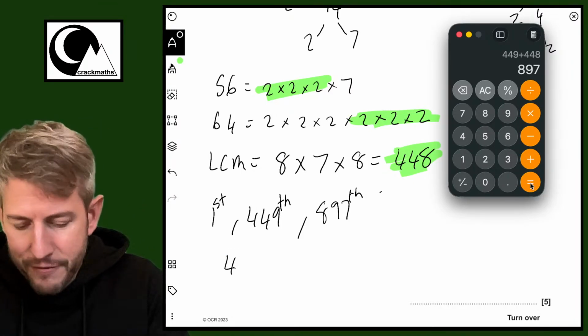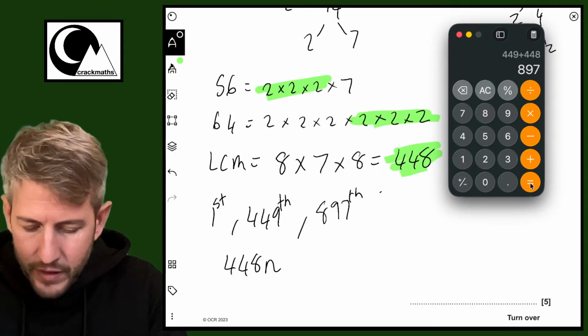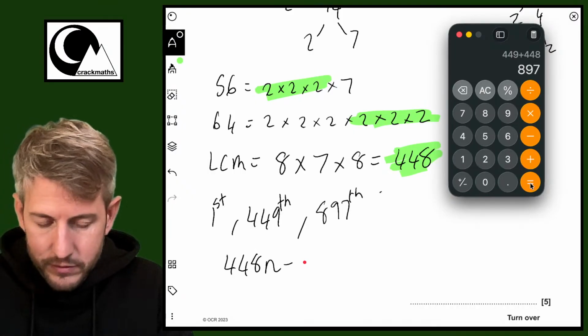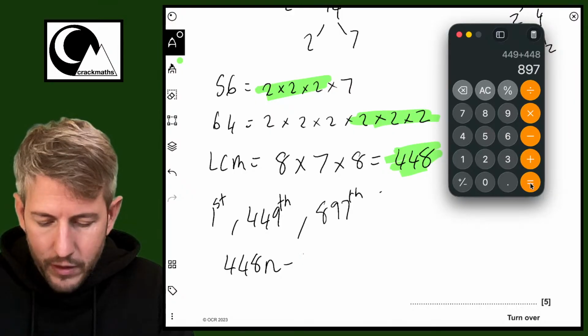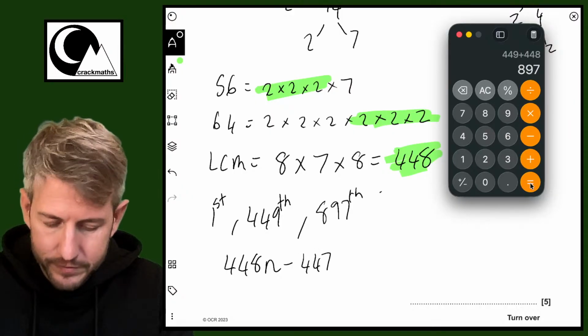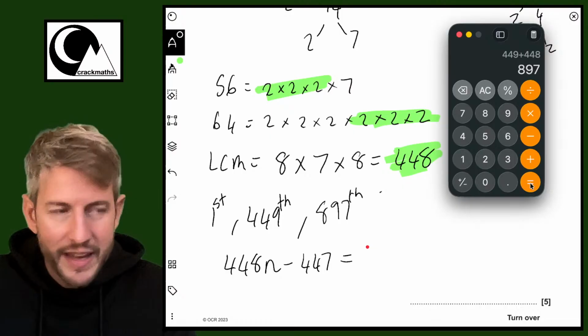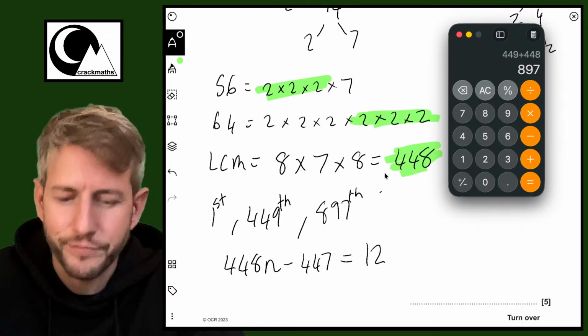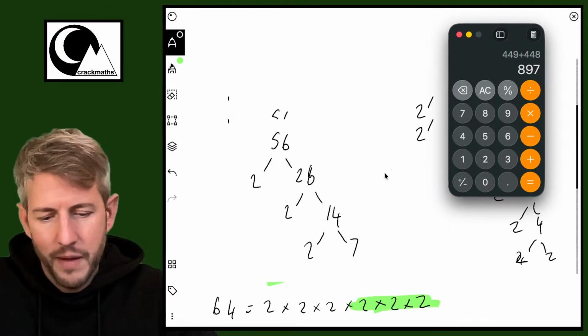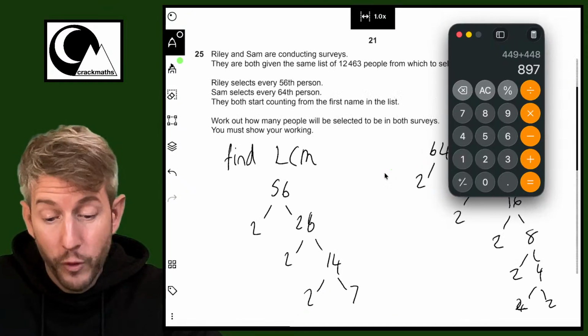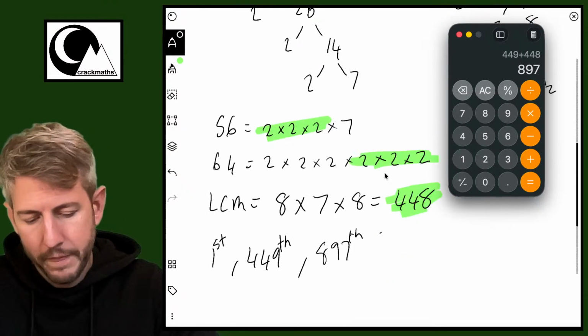So basically the nth term is 448n minus 447. Okay, and then we say that that equals the 12,463 people.